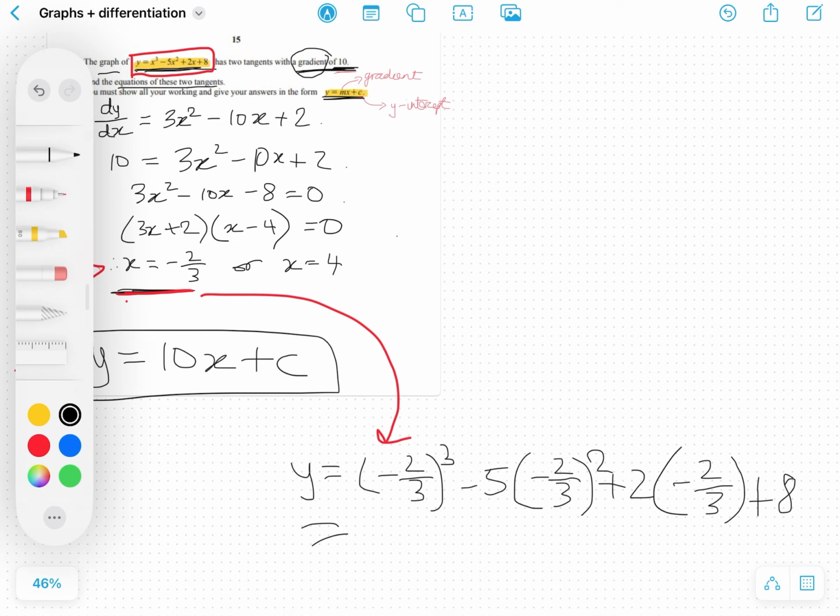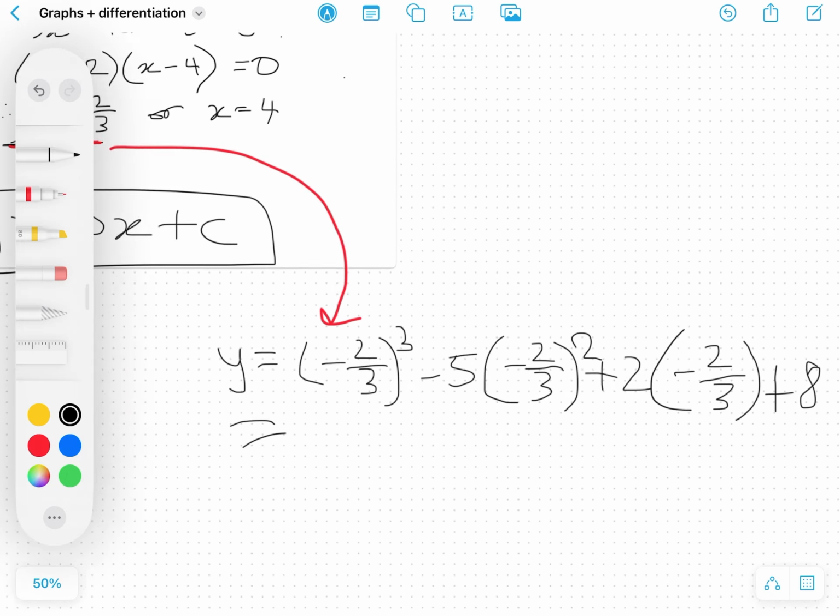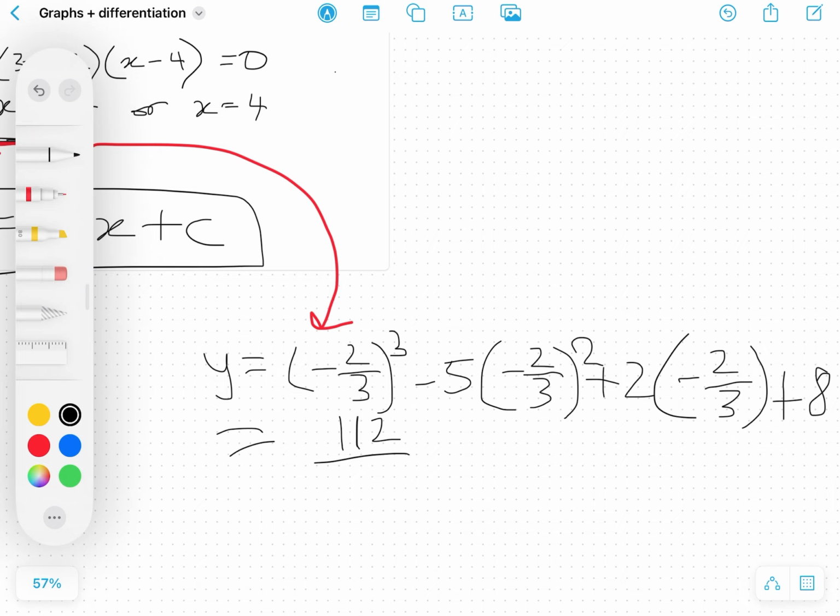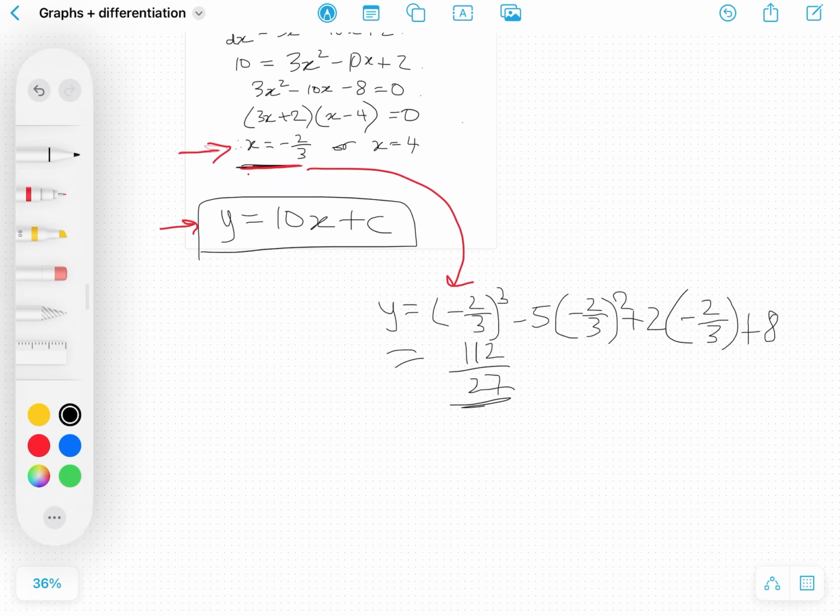And then you put this in your calculator, and you should be getting an answer of 112 over 27.